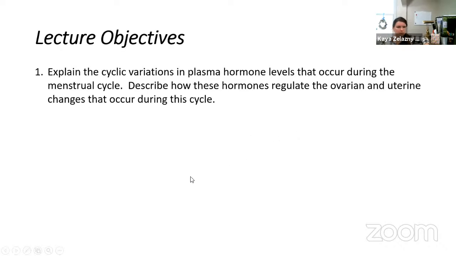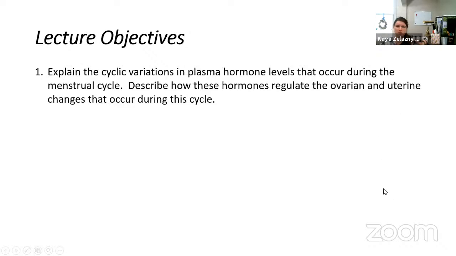All right, so when we're thinking about the female reproductive system, we want to think about the fact that we have a monthly cycle that is developing through different hormone levels, the regulation of hormone concentrations, kind of playing off each other, causing the development of different characteristics in the ovaries and the egg cells, as well as in the uterus.